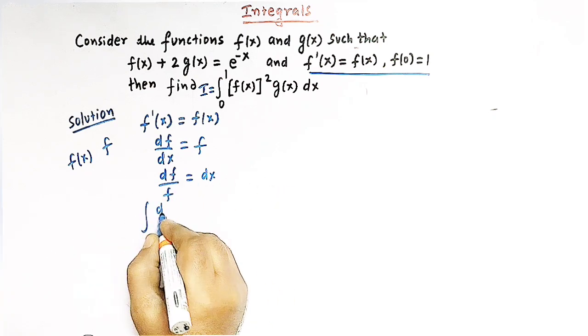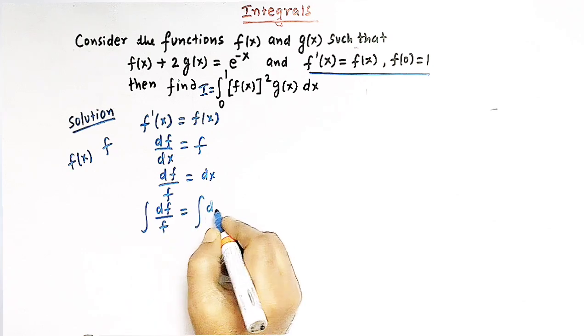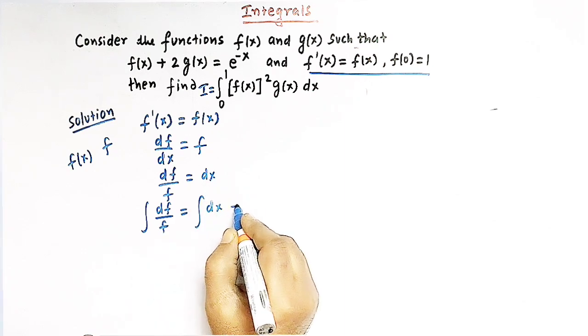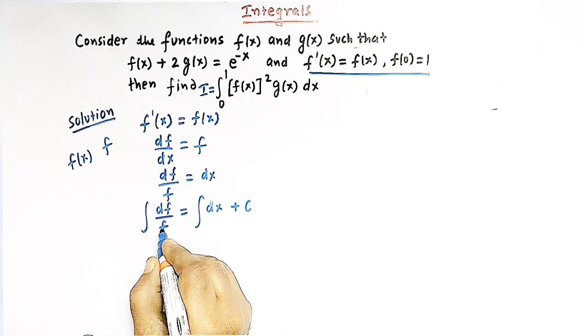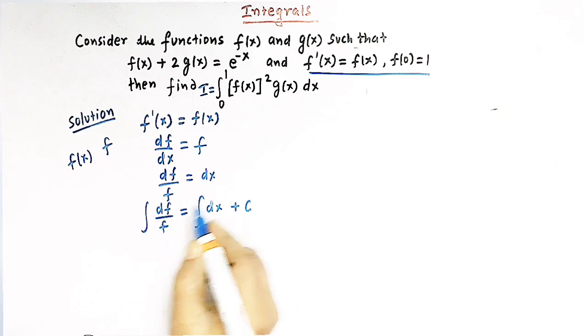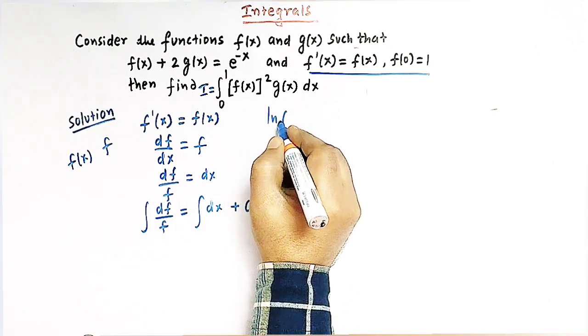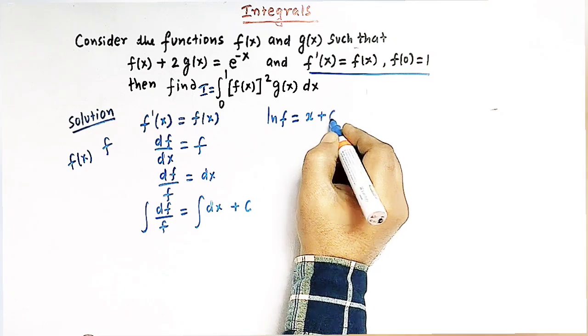So we can now write integral df over f equals integral dx, and c is the constant of integration. The integral of 1 over f df is simply log of f, and here we have x plus c.